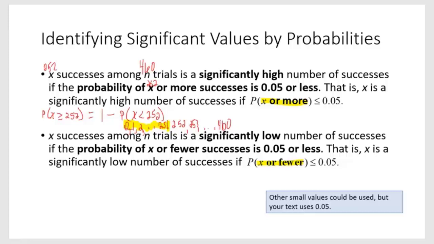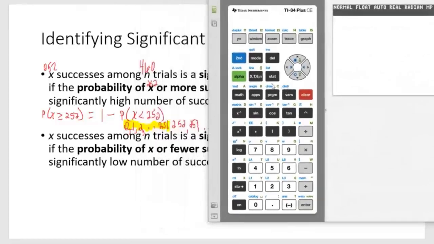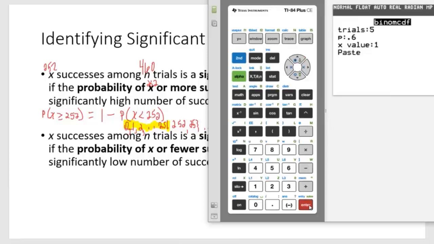So then I can use my calculator, and I'm going to bring it back up, and I can say, okay, let's do a binomial. I could have put the 1 minus in there first, but I didn't. But now this time I've got 460 games. If the probability is 0.5, and I want it to add, I know it's going to add because of the C, it's cumulative, and I want it to add up everything in front of 252, so that's 251.